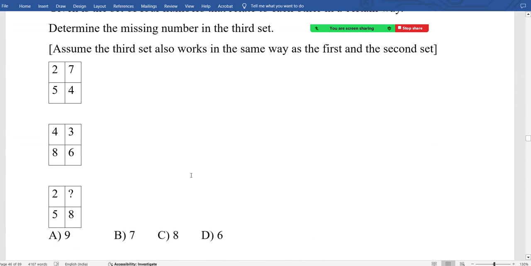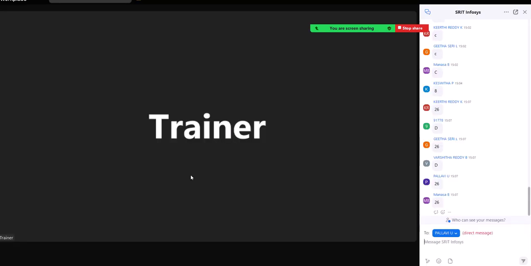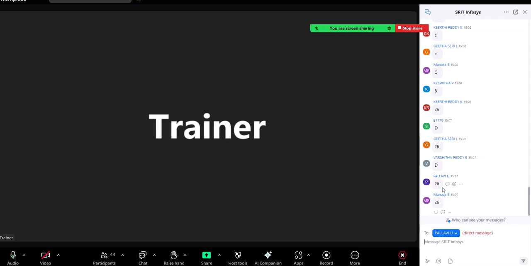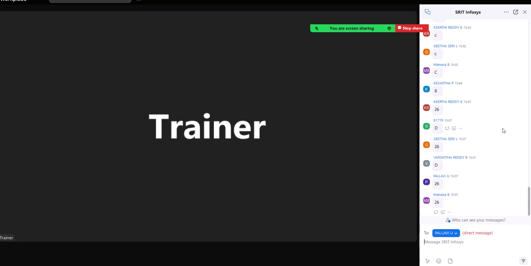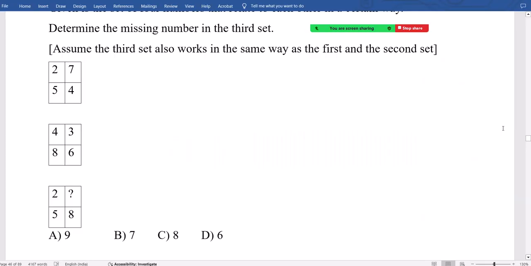I think this is very easy for many of you. I believe you people can give the answer in seconds. Answer for this. The previous one 26, excellent. Kirti, Geeta, Vashita, Pallavi, Manasa, Subho. For this one, what's the answer?